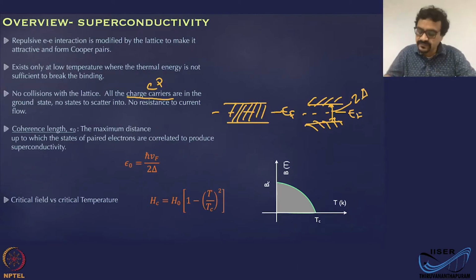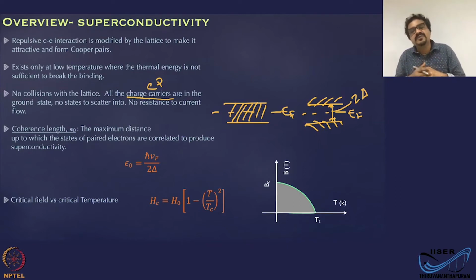There are no states within the gap for Cooper pairs, because Cooper pairs would like to condense into one state, and there are no states for the electrons to scatter within the gap.